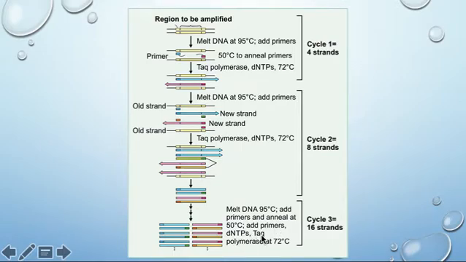Taq, that is the polymerase enzyme, is also added at 72 degrees centigrade. And so now you can see from the target DNA, from the first cycle you have 4 DNA strands synthesized. After that, the second cycle, you can see around 8 newly synthesized DNA strands, and after the third cycle you can see around 16 strands of the target DNA synthesized.